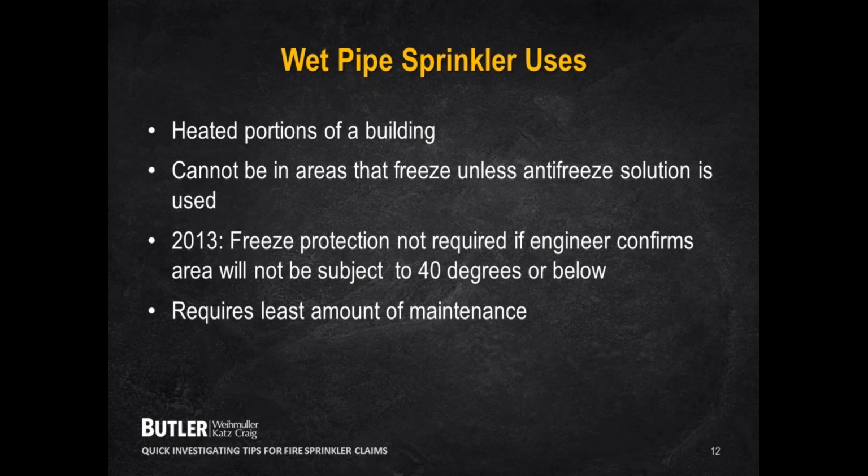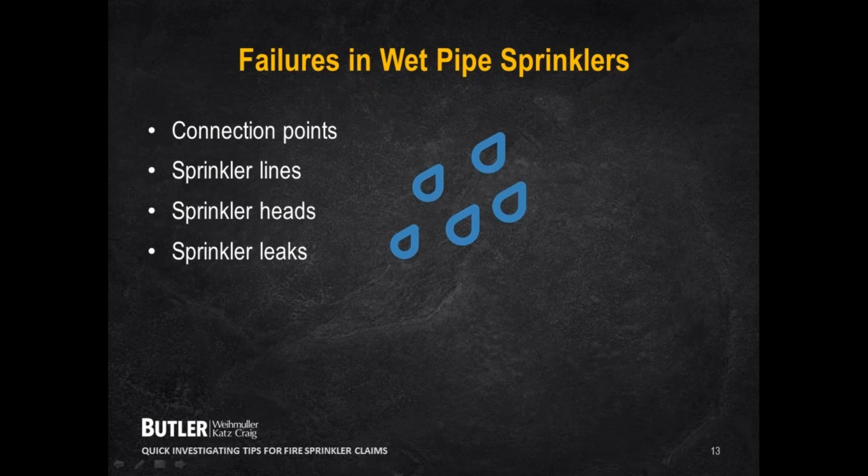The wet pipe sprinkler also requires the least amount of maintenance. And the different types of failures that you'll see in wet pipe sprinklers: over a period of time, leaks that occur at connection points. The date of loss could be tricky to identify, where you have possibly a leak at a connection point.